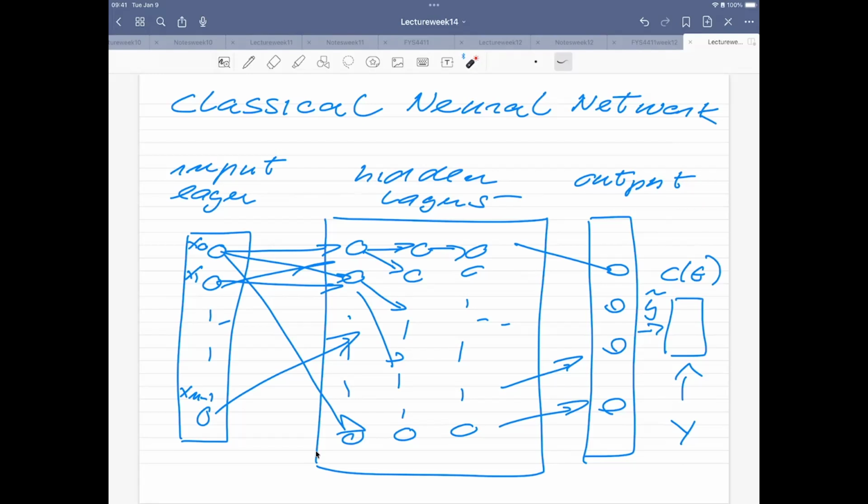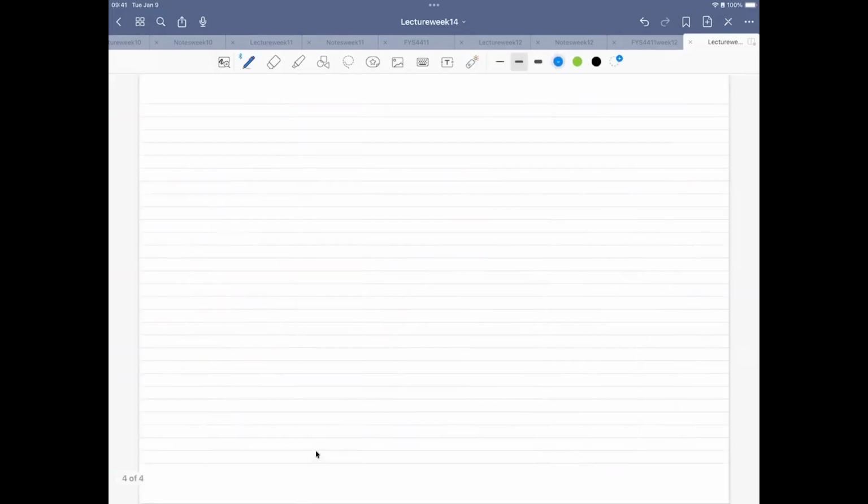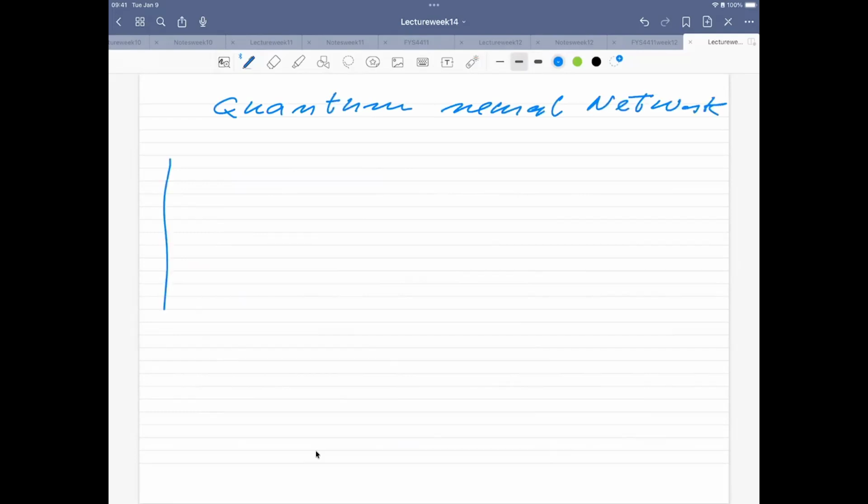So this means that when you now look at a quantum neural network, on the other hand, we are going to train a set of parameters, but in our case now we would have the input here, which can be quantum data or classical data. So we just label this as an input layer.